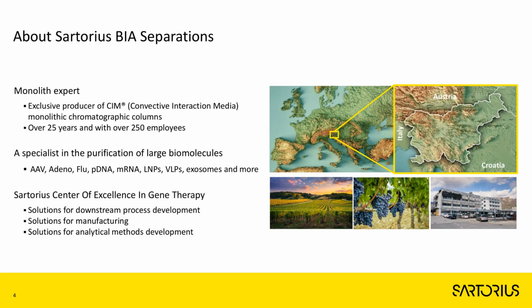We are monolith experts and exclusive producers of CIM, or convective interaction media, monolithic chromatographic columns. We have over 25 years of experience with the columns, and we have over 250 employees.